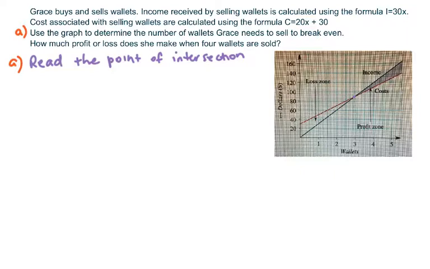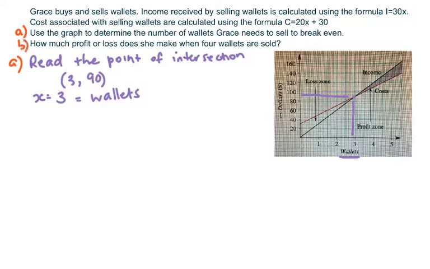It's this point, and so we need to find the coordinates of this point. If we go down our graph to our x value, it's 3. And if we go across, our y value is 90. But what we want to know is the number of wallets, and that is actually our x value, which is 3. So Grace needs to sell 3 wallets to break even.